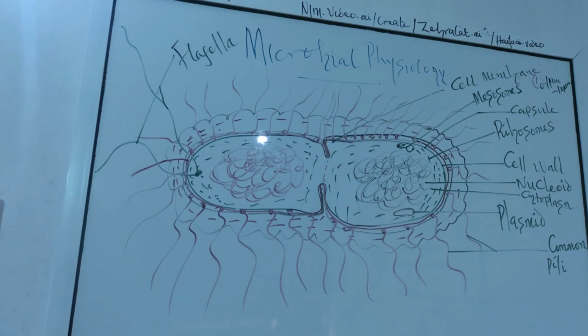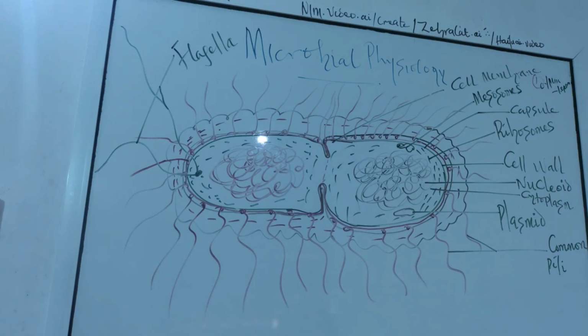Today, we want to look at the general body plan of a typical bacterial cell. How do they look? If anybody is talking about a bacterial cell, how does it look? On the screen, what you have is just a generalized structure of a dividing bacterial cell.